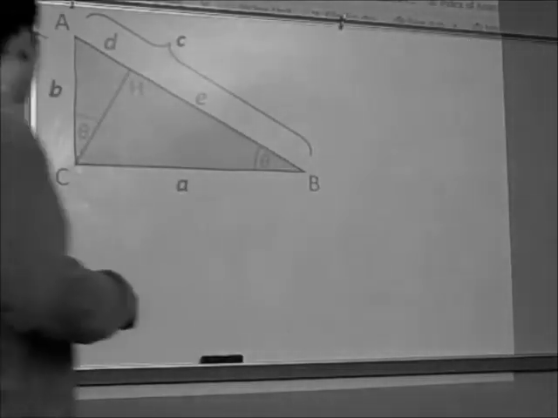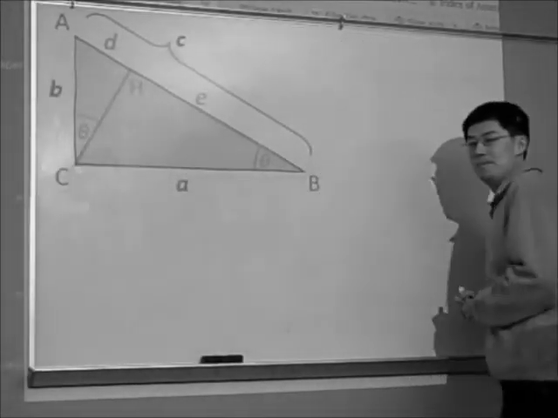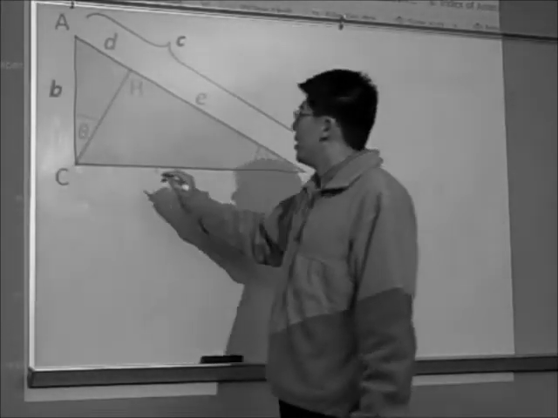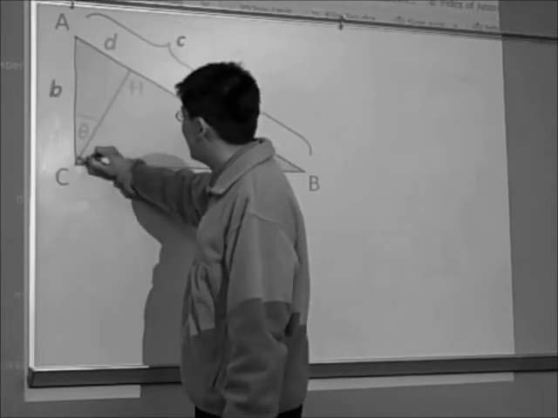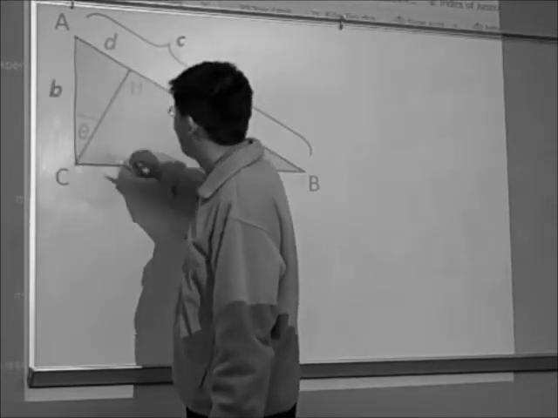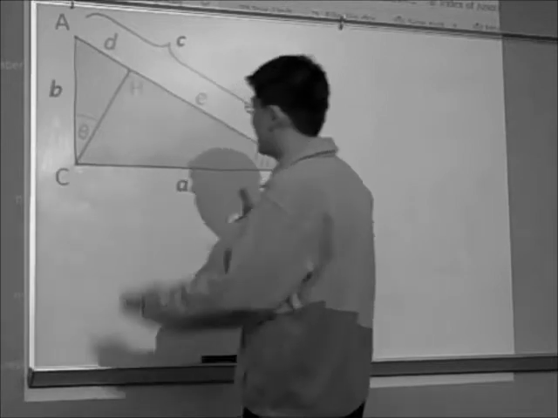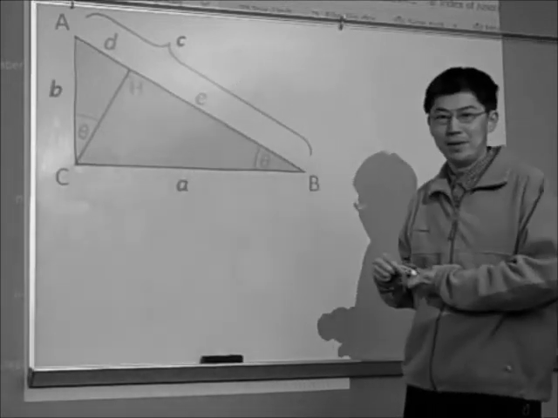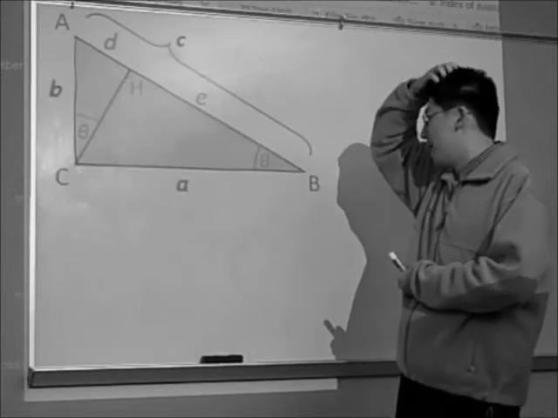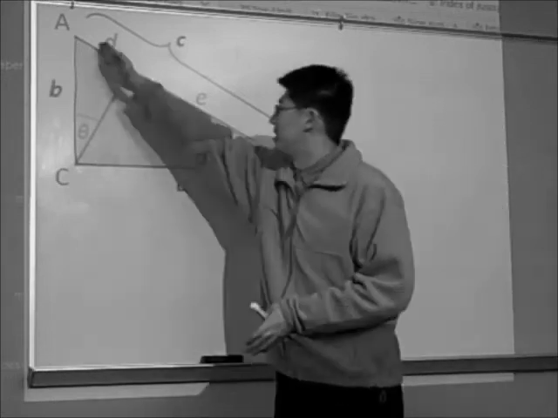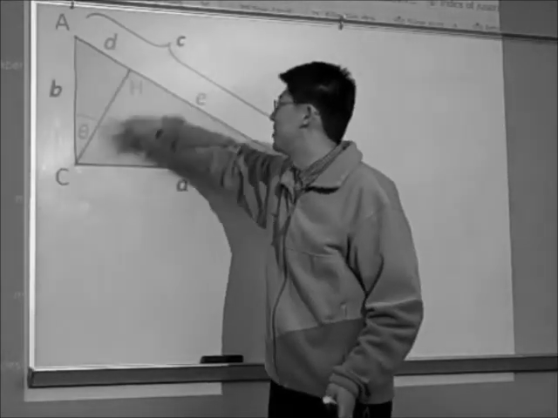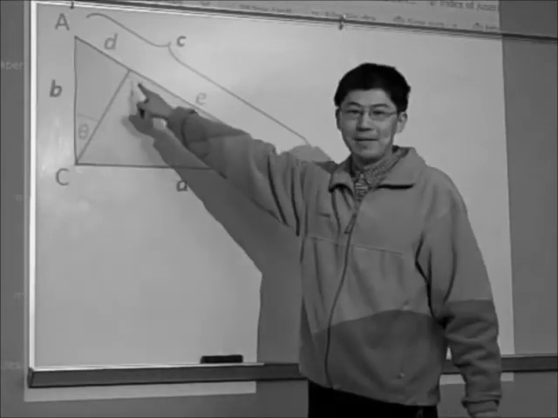Alright, so this is the same right triangle, except what has happened now is that we have dropped this line here, which makes a right angle here too. So that divides the triangle up into two parts. The original triangle is this big one, and now there are two smaller triangles inside.